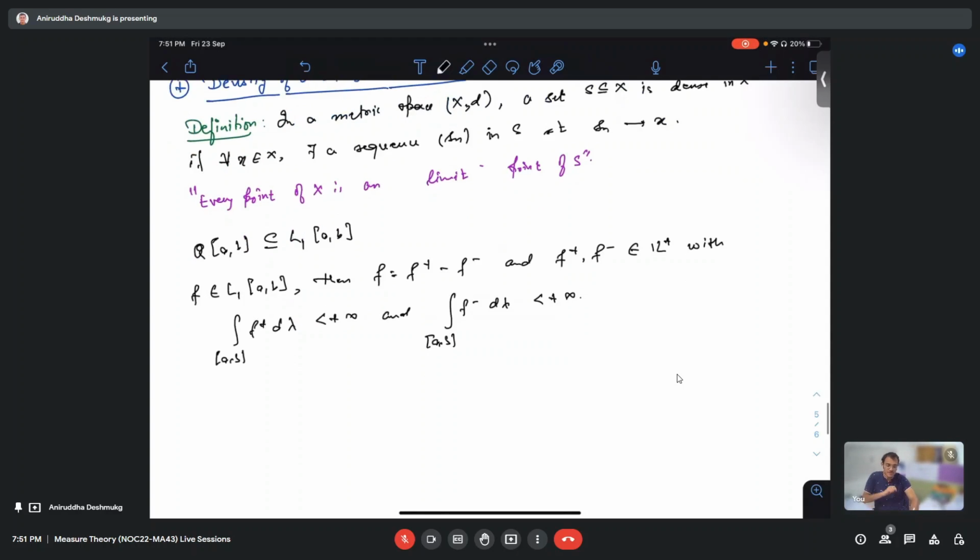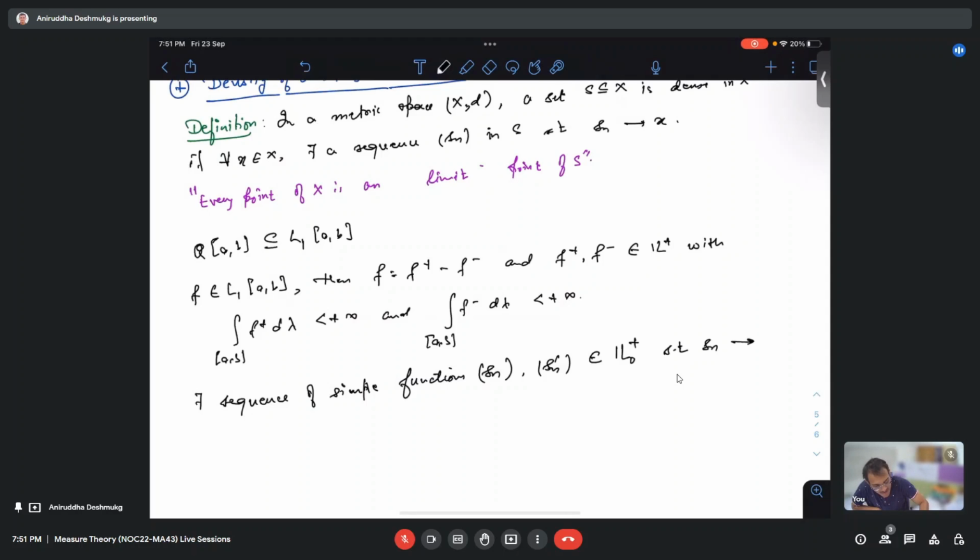Now, since they are non-negative measurable functions, there exist sequences of simple functions Sn and Sn prime, which are also non-negative simple functions, such that Sn converges to f plus, and Sn prime converges to f minus.